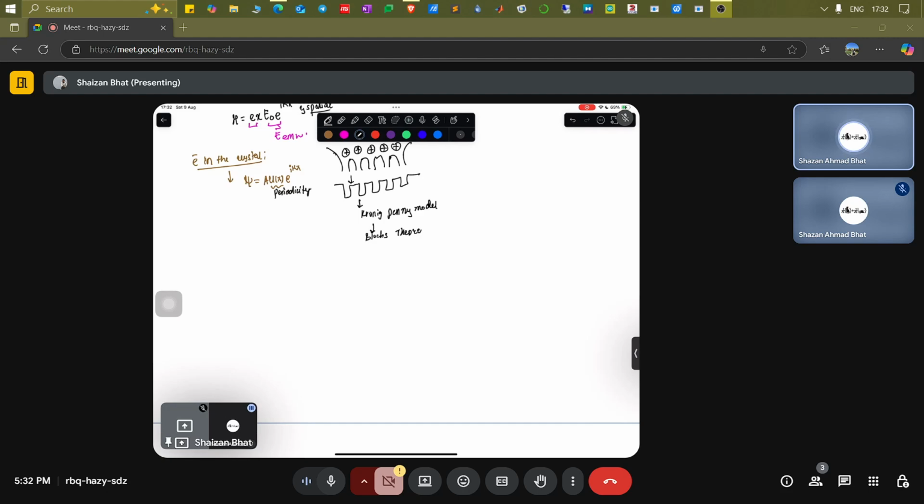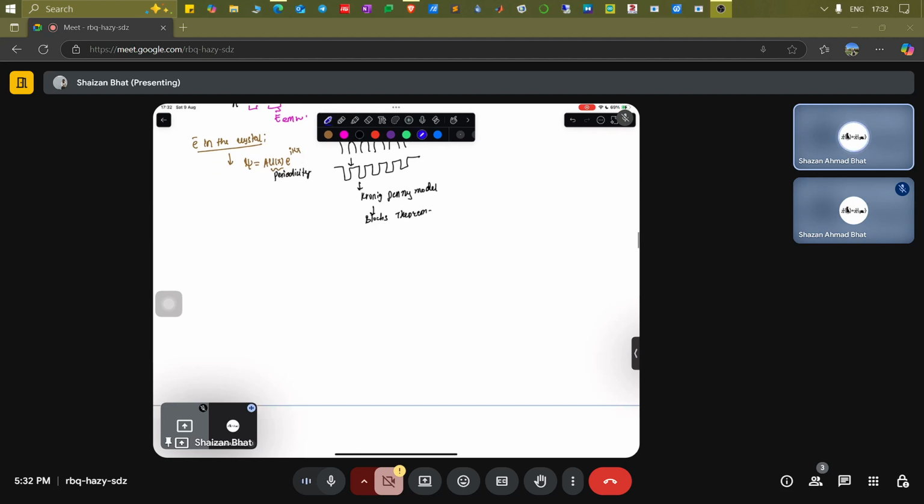Bloch's theorem is just a cool trick, a manifestation of that. If you know what is happening to the electron here, you know what is happening to the electron here, here, except that you have a phase associated with it.